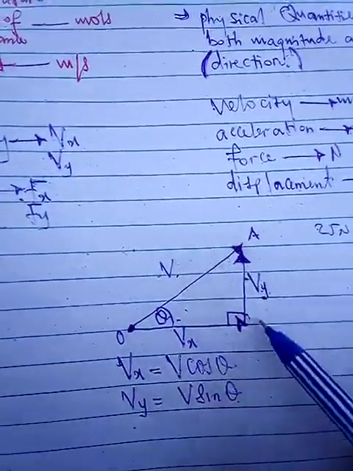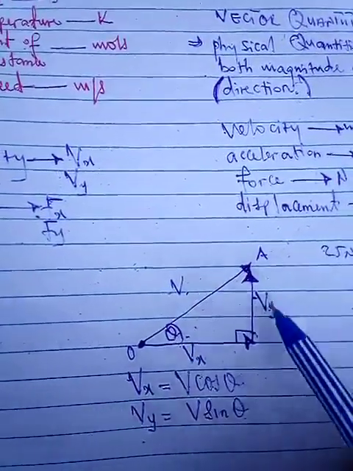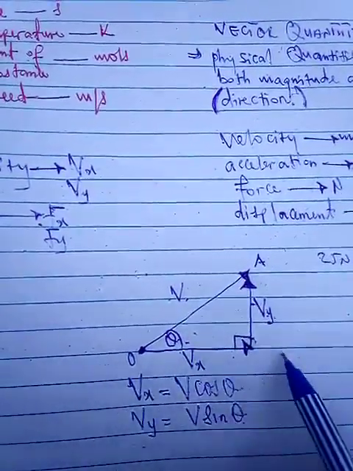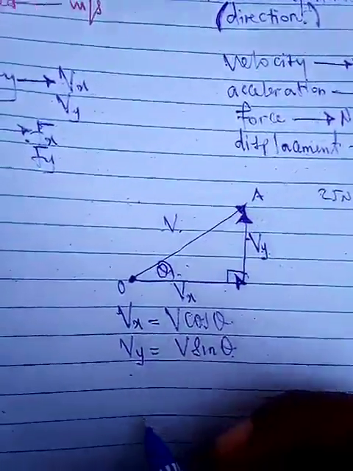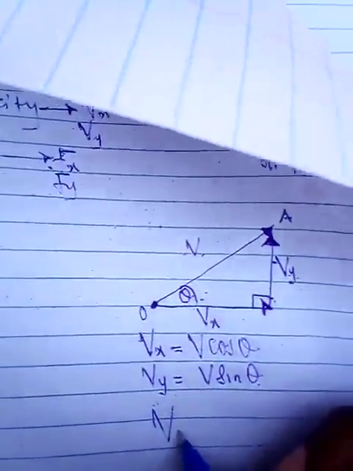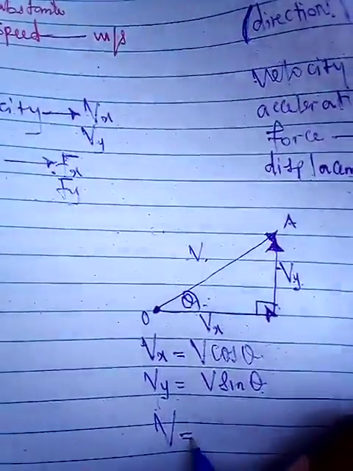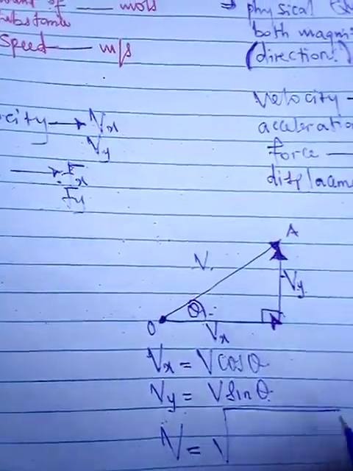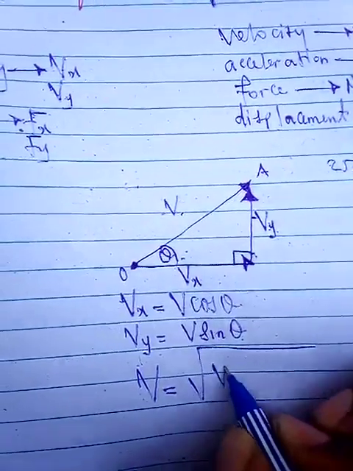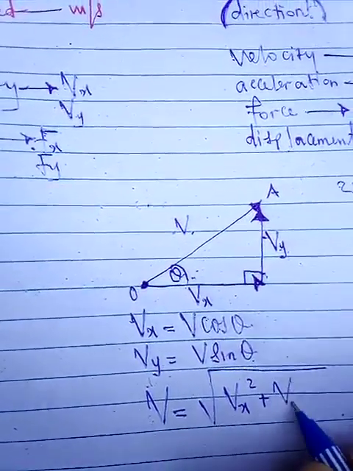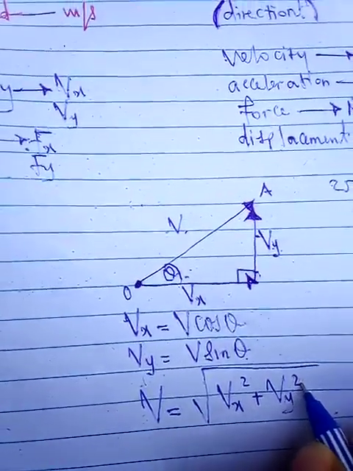So having seen that this is a triangle, definitely Pythagoras theorem can work here. So the other formula that we can issue ourselves with is this one. Your V is always going to be equal to the square root of Vx squared plus Vy squared.